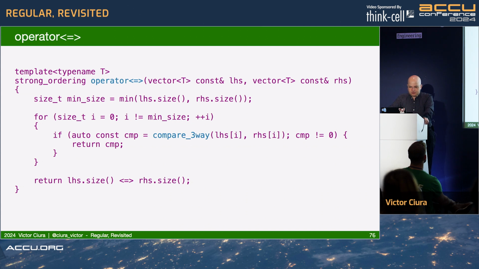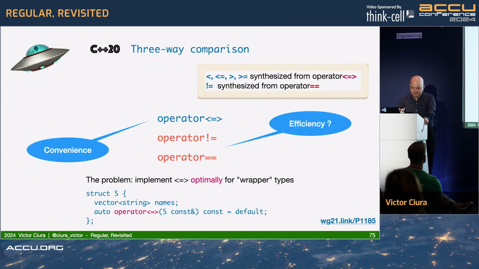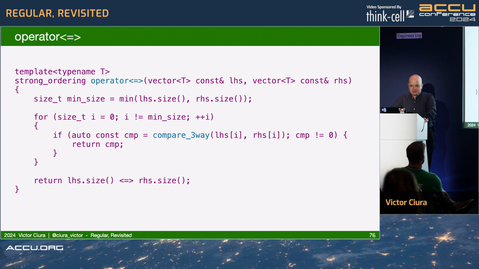So if you were to equal default such a thing, and you can, you would probably get something like this. Let's say you're providing this for something that has to deal with a vector of stuff. And this is how it would operate on a vector, right?